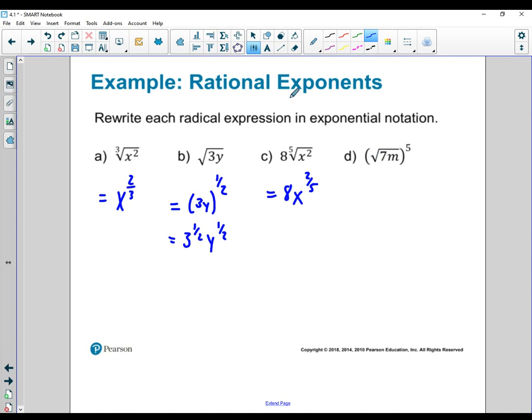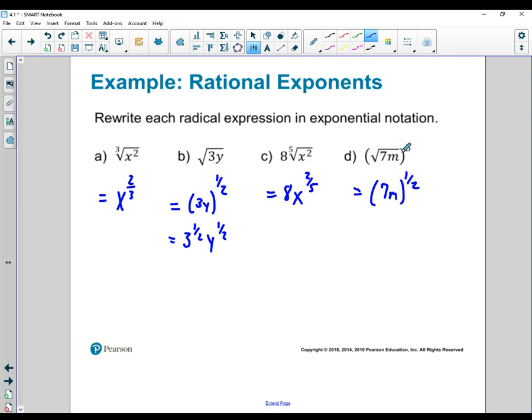And then this square root of 7m to the 5th, again, it's that whole thing to the 5th. But here's what I would do. Here we have the square root of 7m, which in fractions would be 7m to the 1/2.